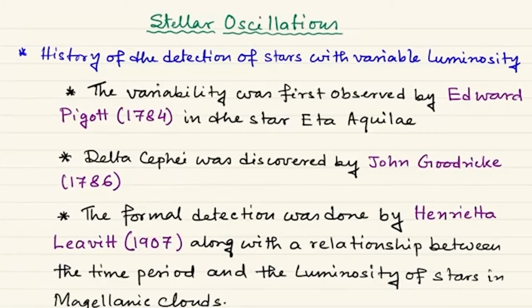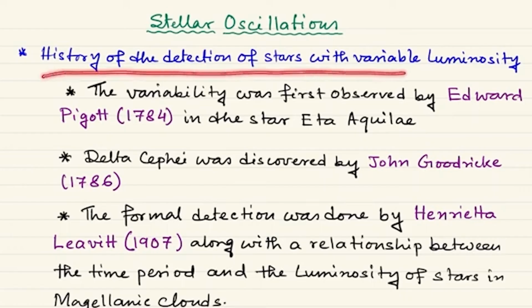Now, before going to the equations and treating the subject mathematically, let us first have a look at the history of detection and the formulation of stars with variable luminosity. The following points will cover some of the elements of the history of the detection of such stars.